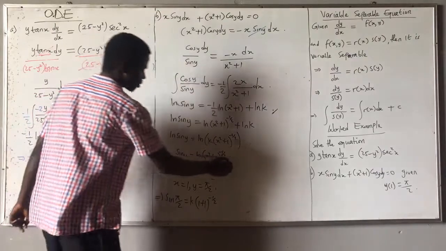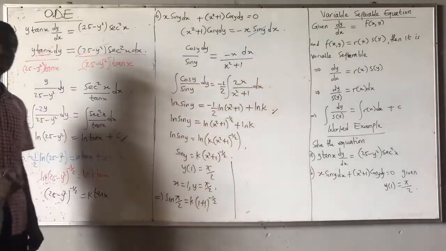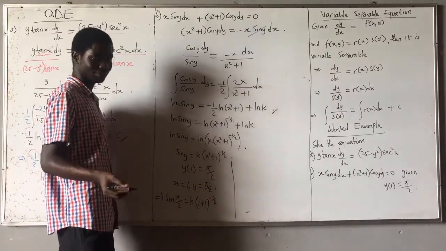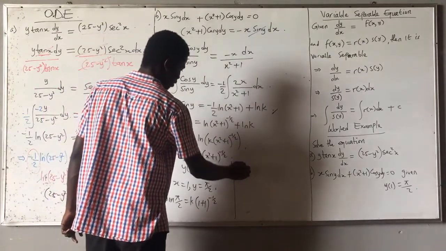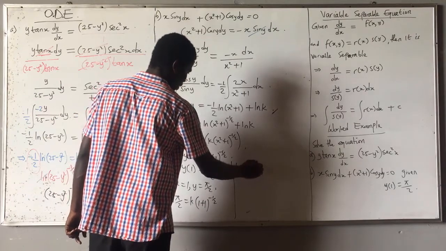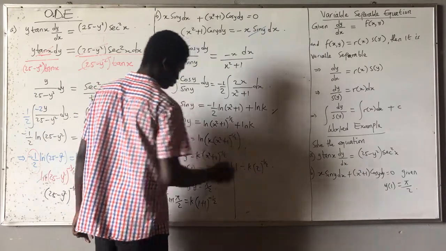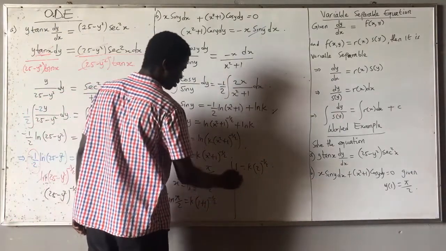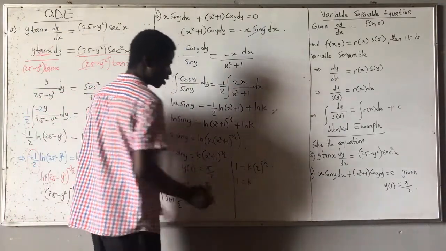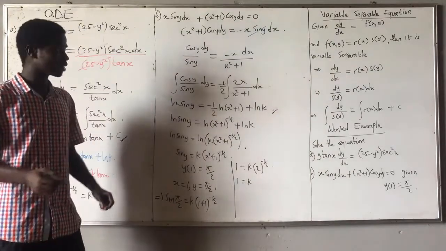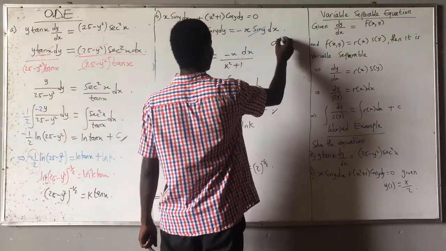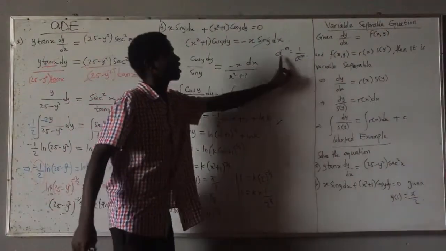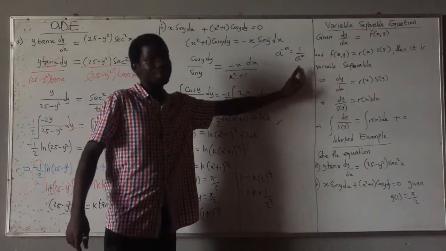So now, let me see whether I can round it off. Sin pi over 2 is 1. Sin 90 is 1 equal k, open bracket, 2 raised to the power of minus 1 over 2. Isn't it? So now from law of indices, to remove this minus, when you have a raised to power minus m, that means 1 over a raised to power m.